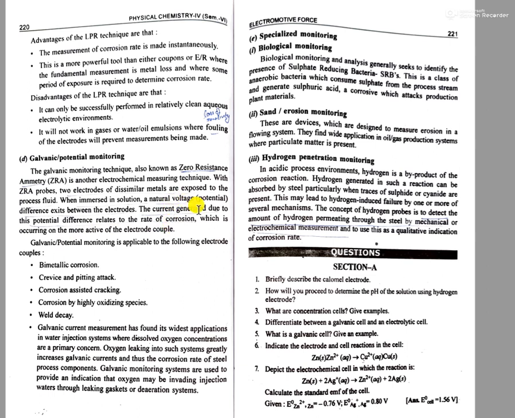So if corrosion is occurring, a current will be generated between these electrodes, and from this current the rate of corrosion can be measured.